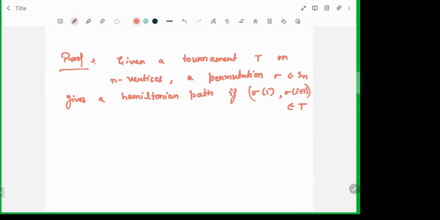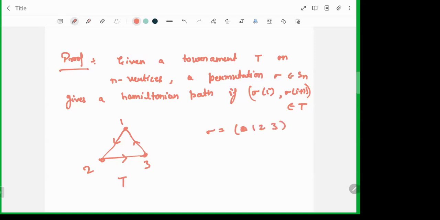Keep in mind this triangle case. Suppose we have this thing. Let's name this 1, this 2, this 3, and this is your tournament T. Now if you take the permutation sigma equal to 1 2 3, what will happen?